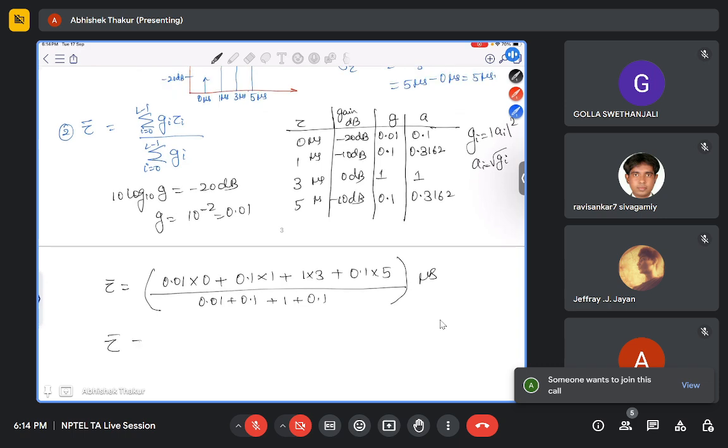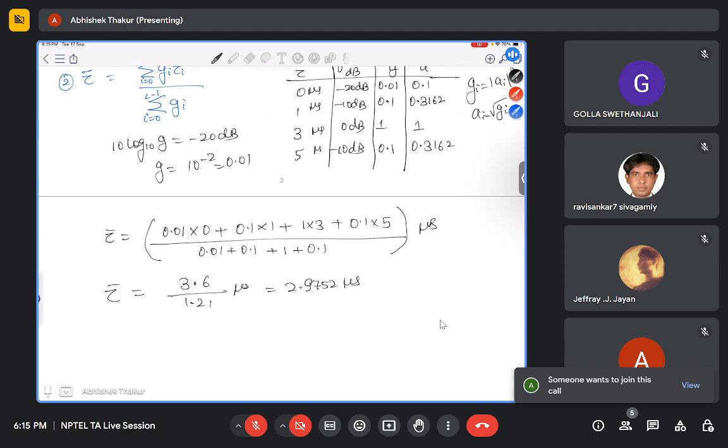So tau bar is equal to 3.6 divided by 1.21 microsecond, so that is equal to 2.9752 microsecond. So this is the average delay.